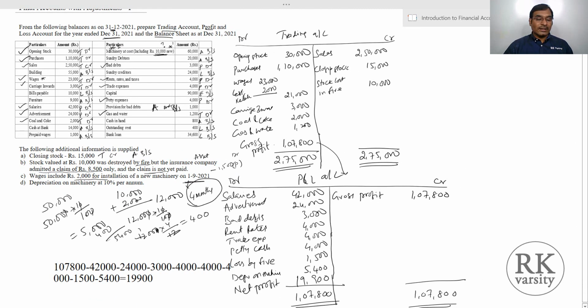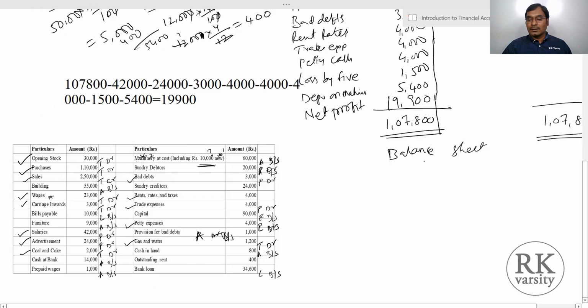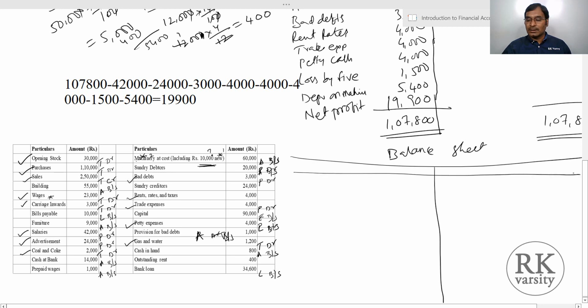Now what we do is we prepare a balance sheet. You write balance sheet as on so and so date. Now we have liabilities and assets. So first we look at the liabilities, or we can go for assets.